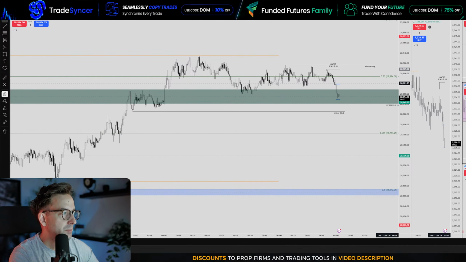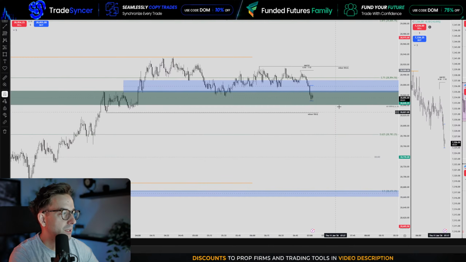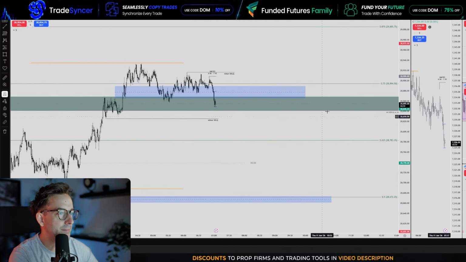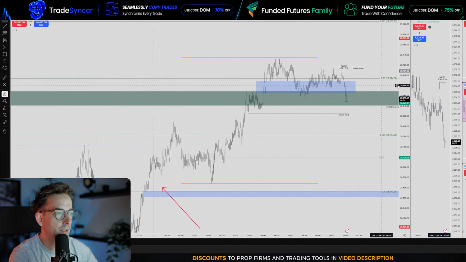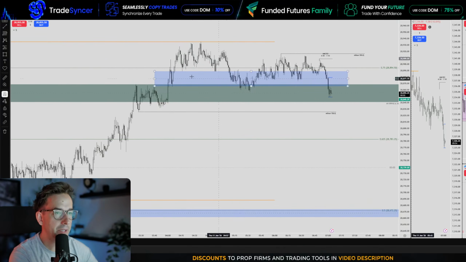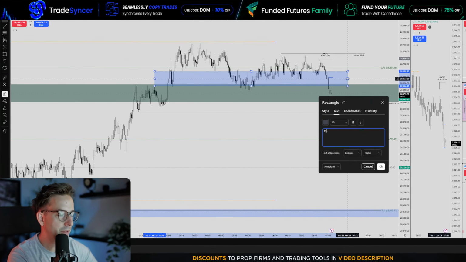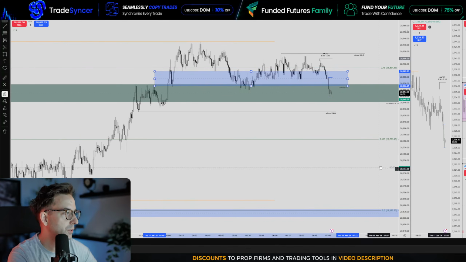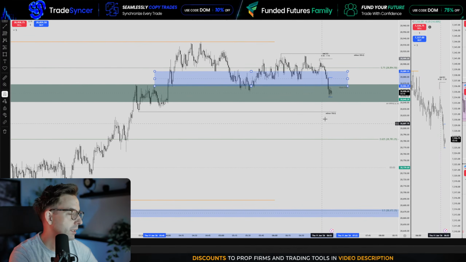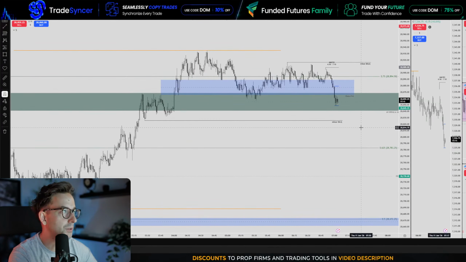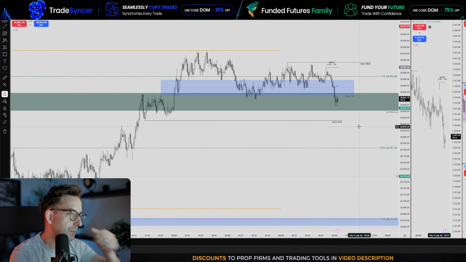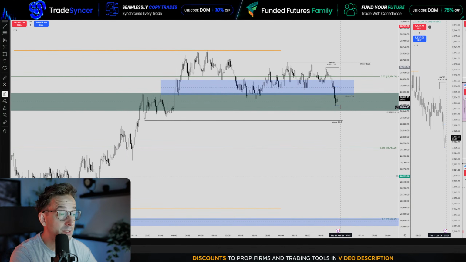Remember that 15-minute fair value gap that I talked about on the 15-minute a couple minutes ago? Like, this is it right here, right? So here's like the 15-minute fair value gap. We're starting to break below it. In 10 minutes, the candle's going to close. But we'll see. But to be honest, that's a good combo.